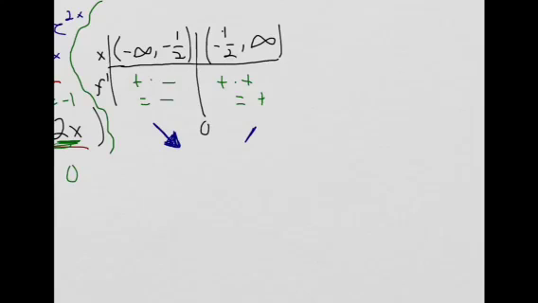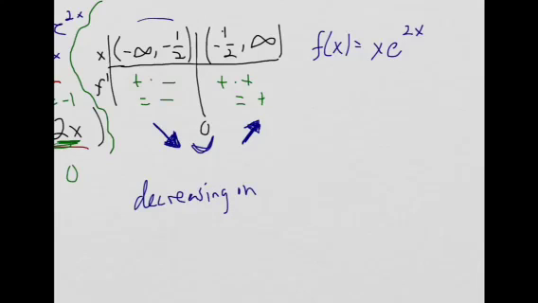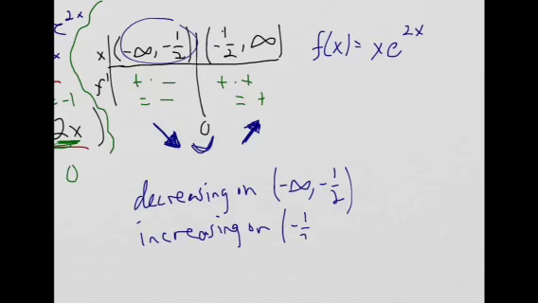Here the derivative is positive, so f is going up. When I do that, I can see that I've got a low point, so I've got a min. So f is decreasing on negative infinity to negative 1/2, and increasing on negative 1/2 up to infinity.